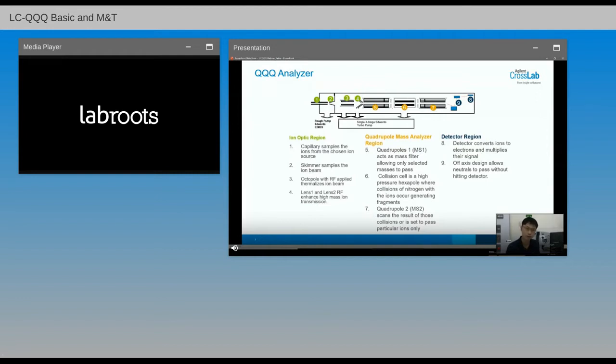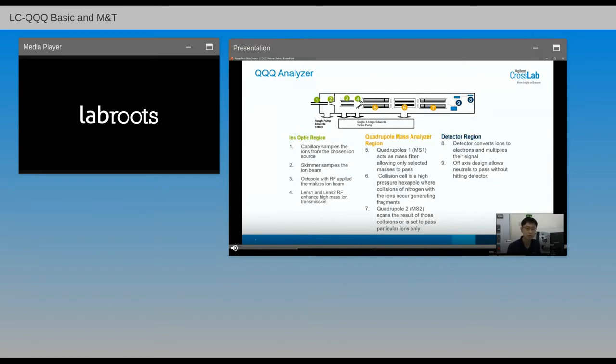By applying the correct RF, it thermalizes the ion beam and really focuses it. And we have lens 1 and lens 2, the RF. This enhances the high mass ion transmission, because we'll be looking at masses over a wide range depending on your application, so we cannot disregard the high mass ion transmission.